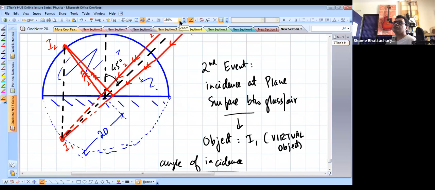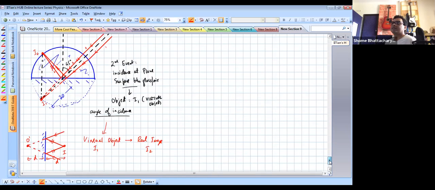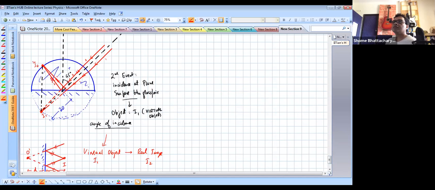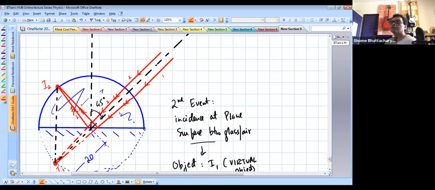And then just using geometry and all, you can find out that where exactly I2 is located, because this angle will be nearly 45 in this diagram. So again, just guideline like this.